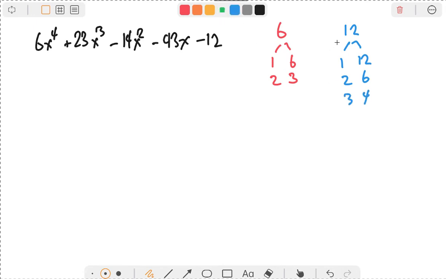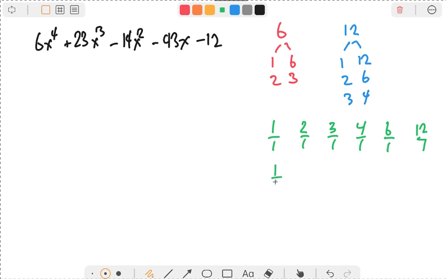So your possible zeros are going to be of the form one of these over one of those. So I could go 1 over 1, 2 over 1, 3 over 1, 4 over 1, 6 over 1, 12 over 1. Then I can go to the next one.